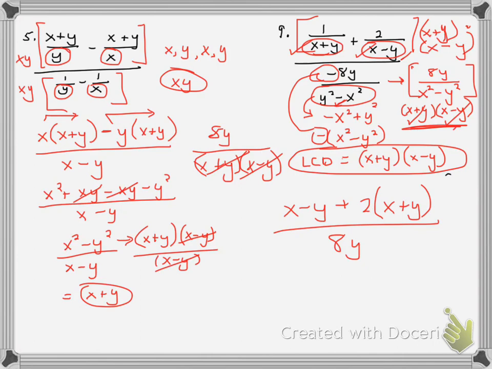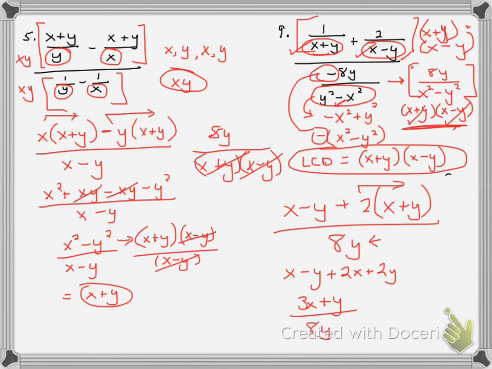Now, what I would need to do is distribute and gather like terms. Gathering like terms, I'll have 3x, 2y minus y is plus y, all over 8y.